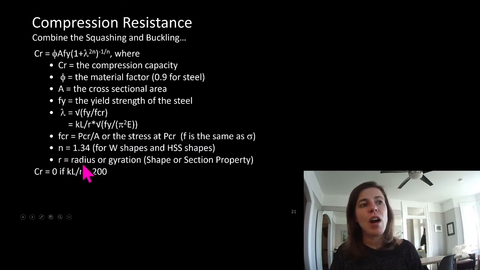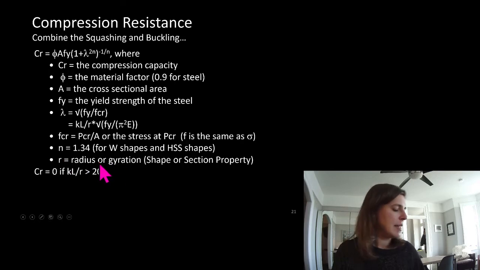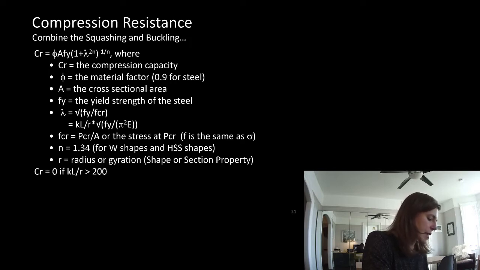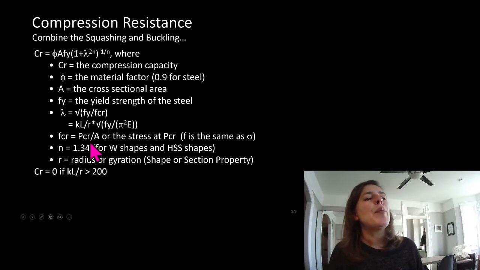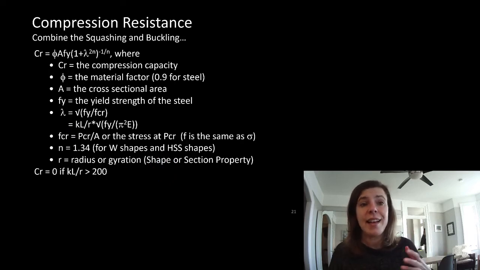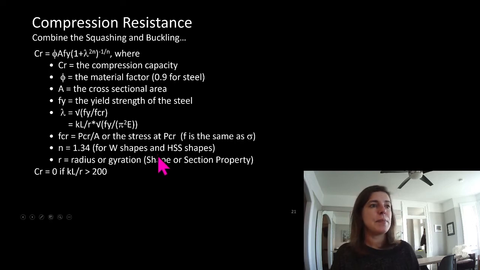And then here I said R is radius of gyration. That's a typo. Why don't I fix that as well? Radius of gyration. It's, again, another shape or section property, same as A, S, Z, and I. In fact, when I talked about shape properties 2 weeks ago, I showed you that R was on that same list.